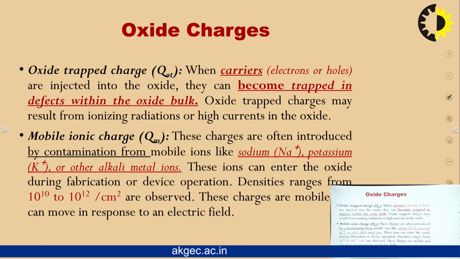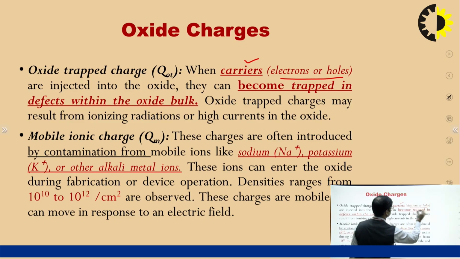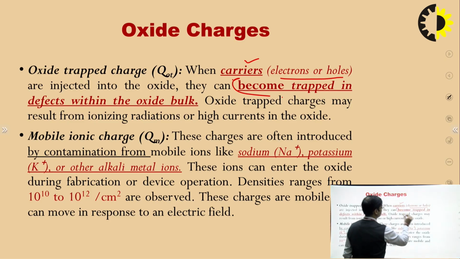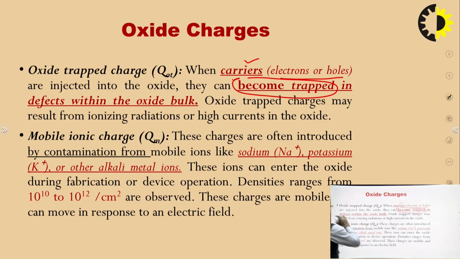Now the third kind of oxide charge is known as oxide trapped charge, and it happens if the carriers such as electrons or holes become trapped in the defects within the oxide bulk layer.